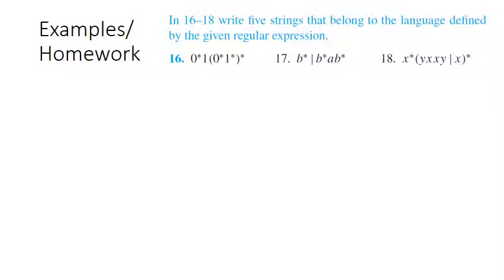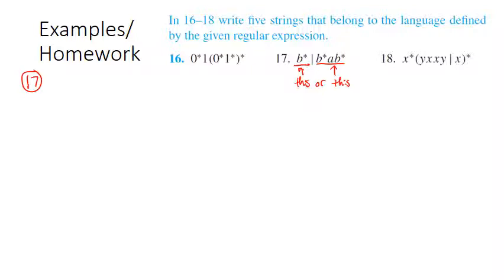Okay, so for number 17, looking at what I have here, I have this or thing in the middle. So that means that I can either do something that comes from this regular expression, or I can do something that comes from the regular expression on the right there. So this or this. All right, I can pick between those two things.